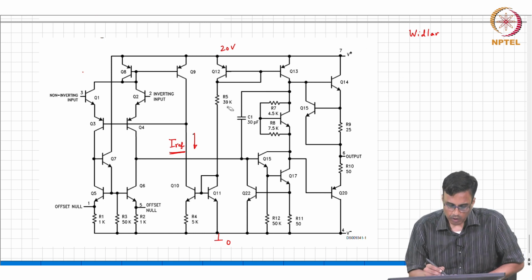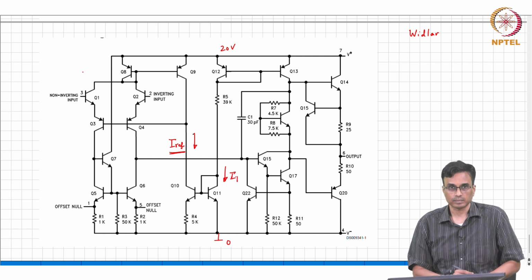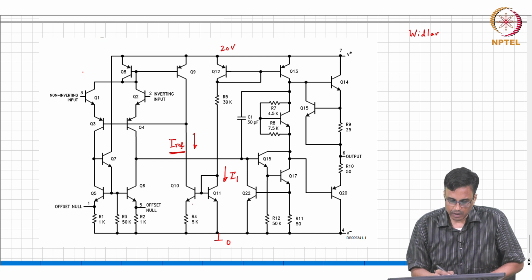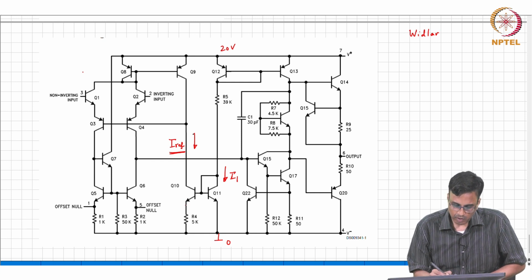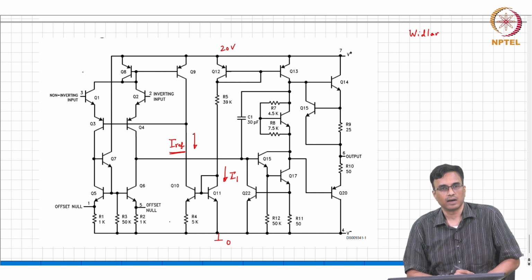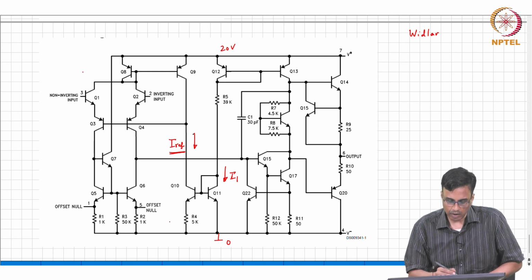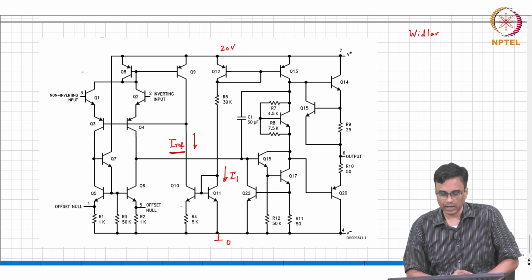Okay. So basically the idea is that if this current is, let us call this I1, how do we get IREF here? How do we find out what IREF is?